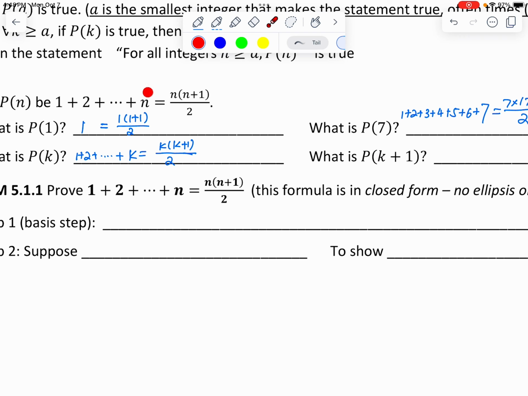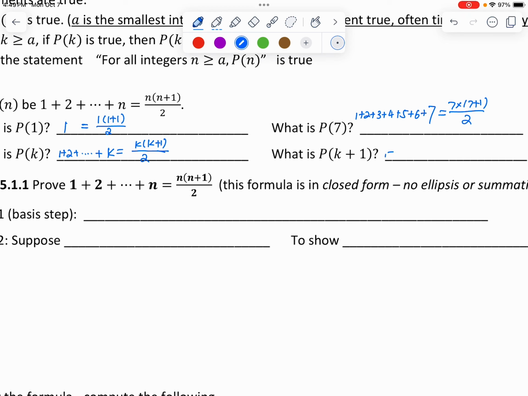That means when n is k plus 1. So it will be 1 plus 2 plus, well, plus k. You should not stop here. You should continue, plus k plus 1. That's the very last number that you should add, which is k plus 1. And what is this equal to? It is equal to, when n is k, right? So when n is k, plug in k.